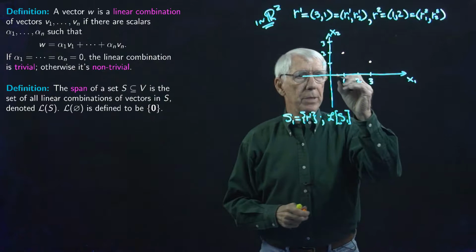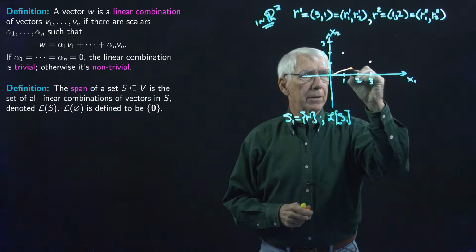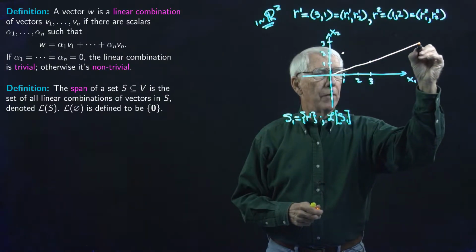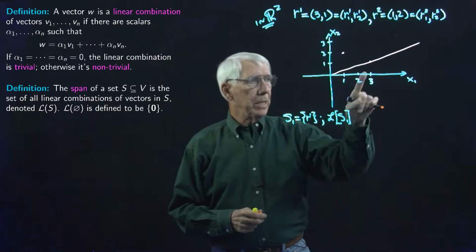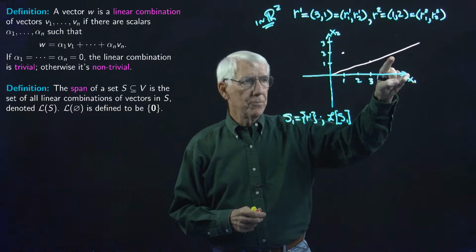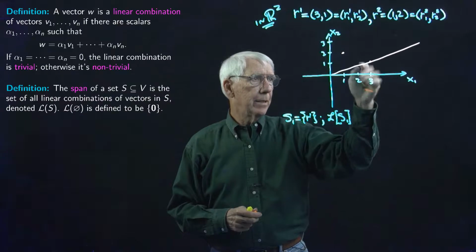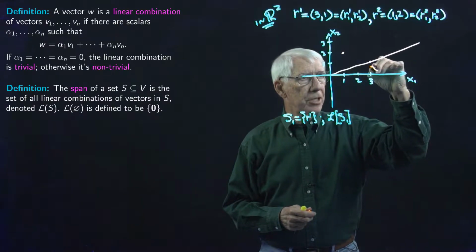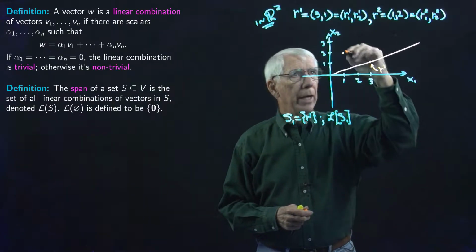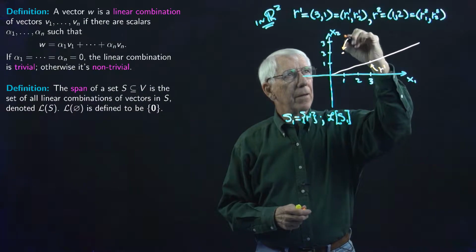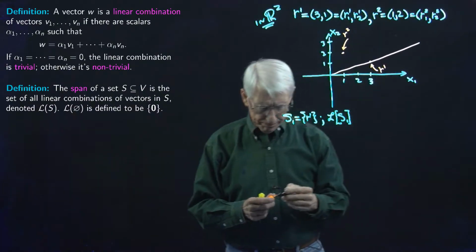And of course, that would be everything on this line, the positive scalars multiplied by R1. In fact, let's point out here that this is R1 and this is R2.